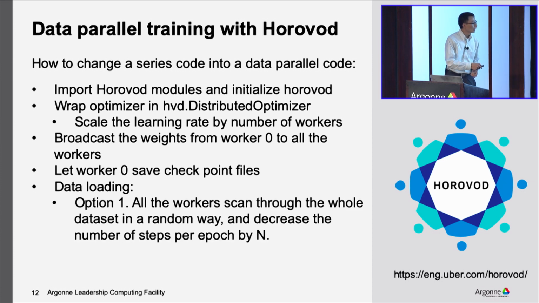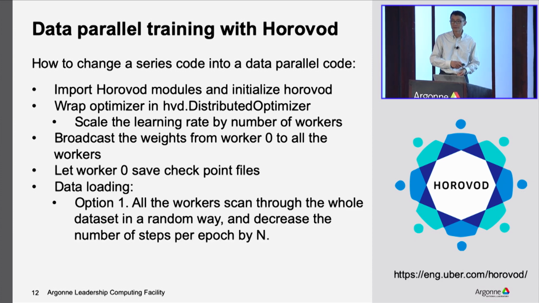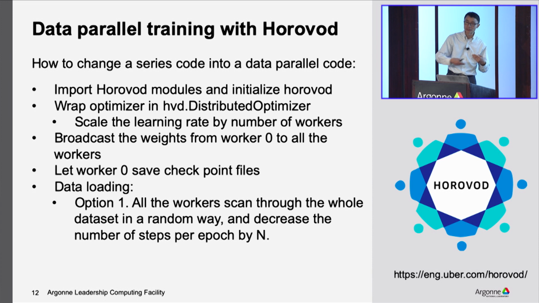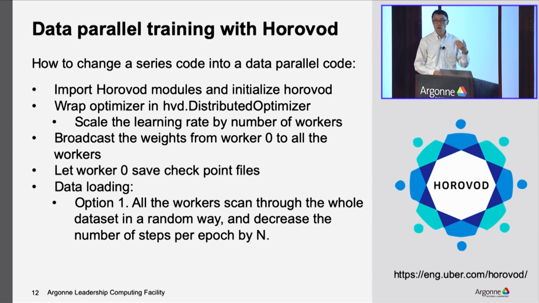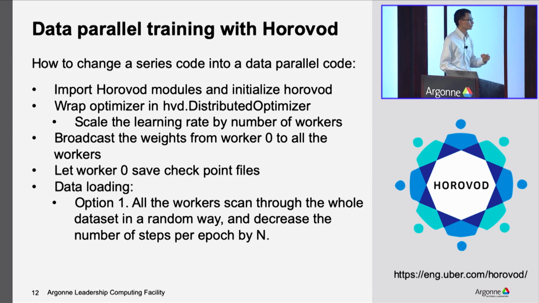And the other thing is regarding the data management, how to read the data sets. As I said, in the data parallelization, each worker works on a different piece of the data set, right? That's a general assumption. And there are actually two options you can do.